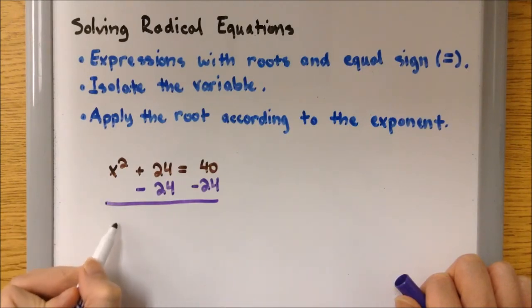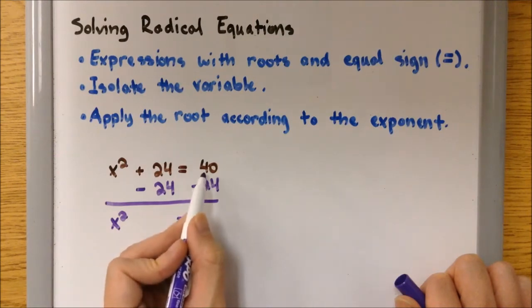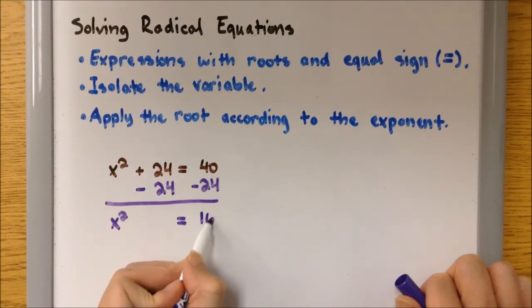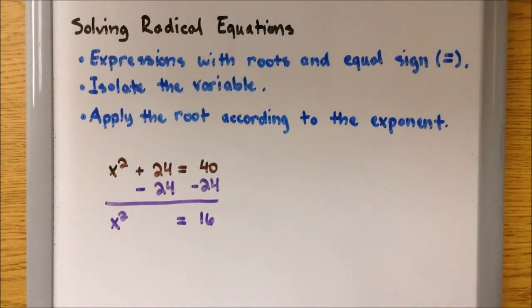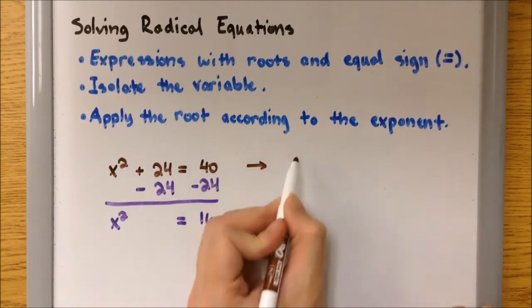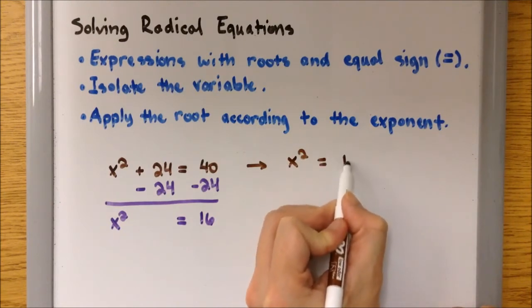So I'll bring down the x squared, the equal sign. 40 minus 24 is 16. So what we have is x squared equals 16.